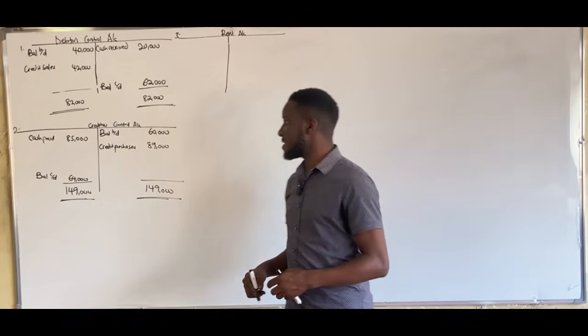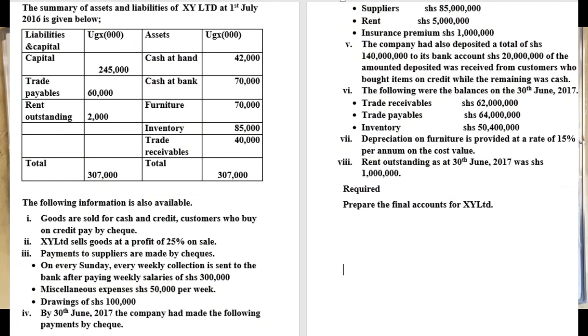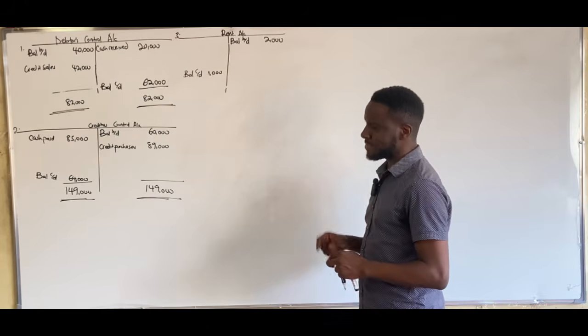So rent outstanding, since it is outstanding, it has a credit balance, which is the balance brought down here, and then that means balance carried down will be here. So if we check in the question, our opening balance is actually 2,000. If you see in the balance sheet that they gave us, then the closing balance is 1,000 at the bottom of the question. So they gave us 1,000 as the closing balance.